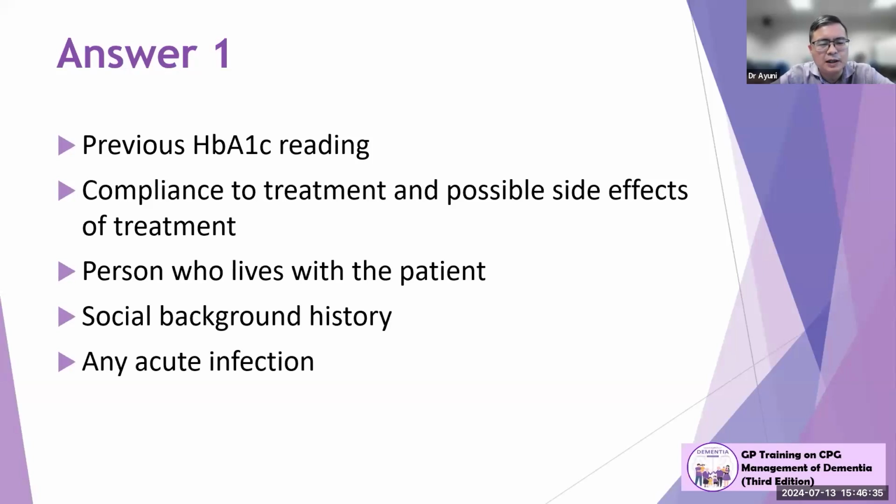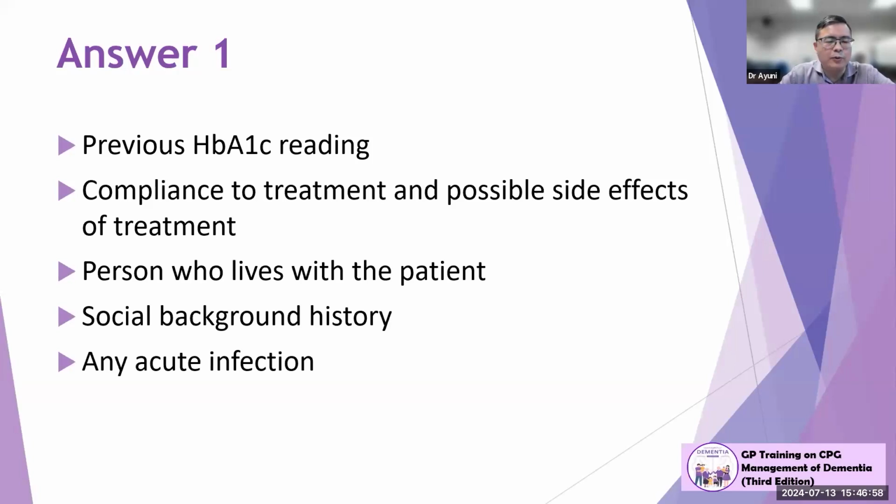Then the person who lives with the patient is very important as well. We try to get as much history from them, and we also assess the caregivers. We also get as much social background in the history taking.